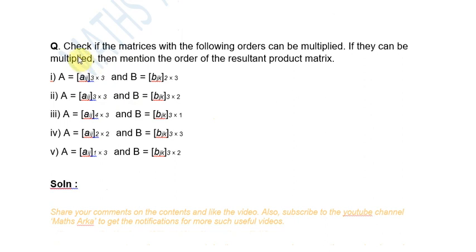The question says that there are two matrices defined, the order is given for each of the matrices, and we need to see if the multiplication of these two matrices is defined or not. If the multiplication is defined, then we need to find the order of the resultant product matrix.